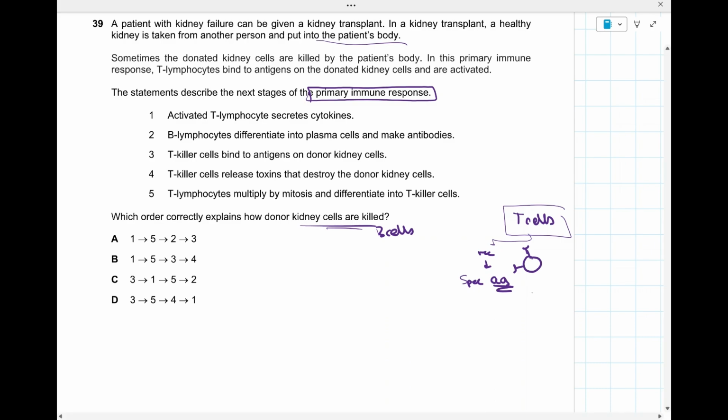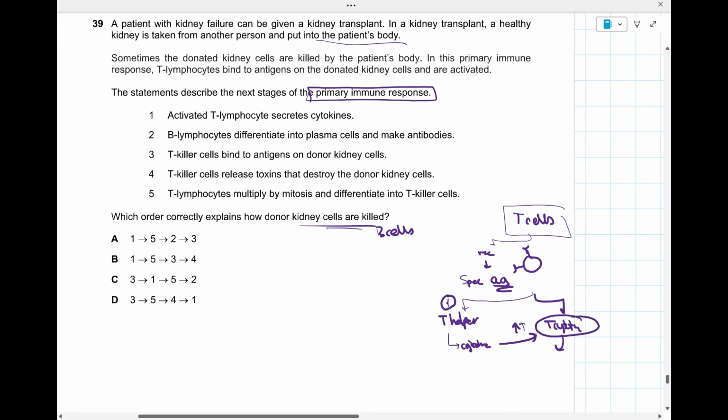It differentiates into both T helper cells and T cytotoxic cells. But the T helper cell is the first stage of differentiation because it releases cytokines, which now activate the T cytotoxic.